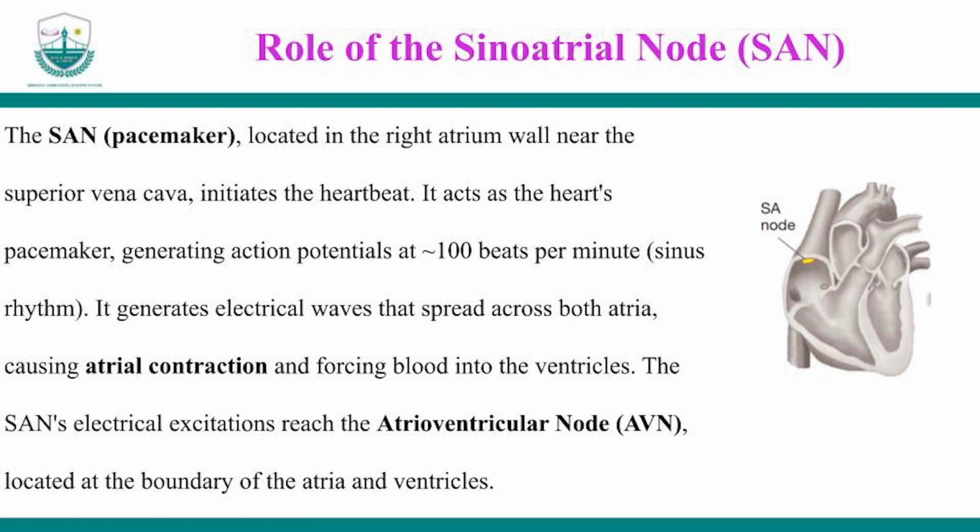And then again, it will travel across the atria, causing the contractions. And this will actually also lead to the contractions that you have in the ventricles. Okay, when we have the contractions up, the blood is definitely going to be pushed into the ventricles.